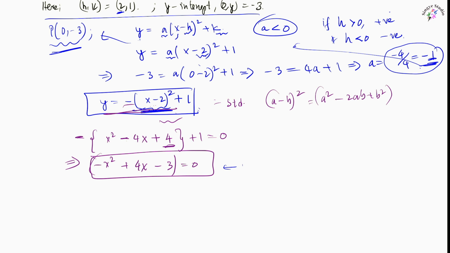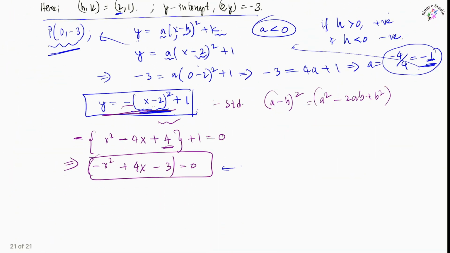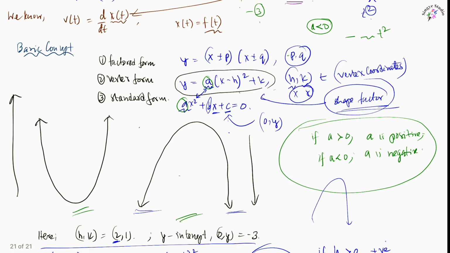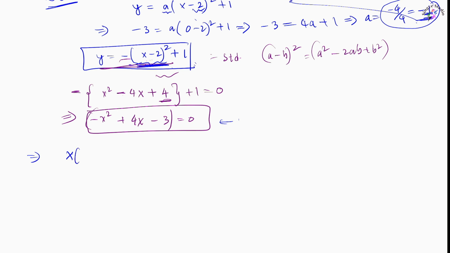Now, as per the question, the variable here is t, so we can just replace x with t. So the equation of this curve will be x(t) equals negative (t minus 2) whole squared plus 1, or x(t) equals negative t squared plus 4t minus 3 equals 0.